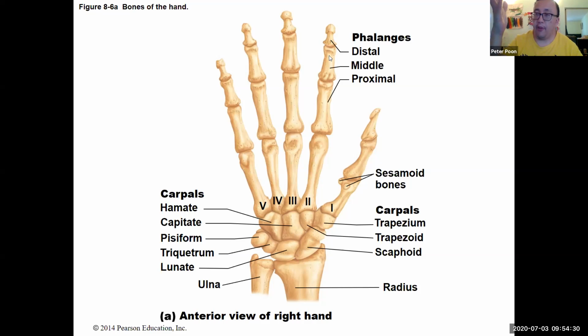So your thumb is special. Because there are only 2 bones, there's only a proximal and a distal. There's no middle. So proximal phalanx 1, distal phalanx 1.